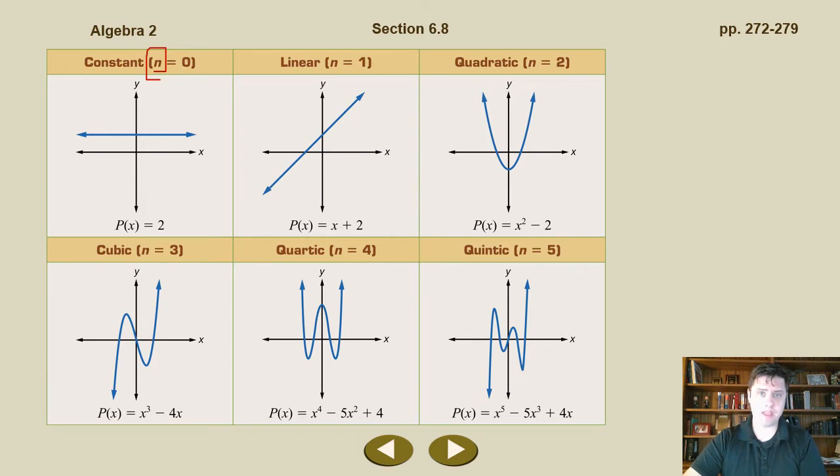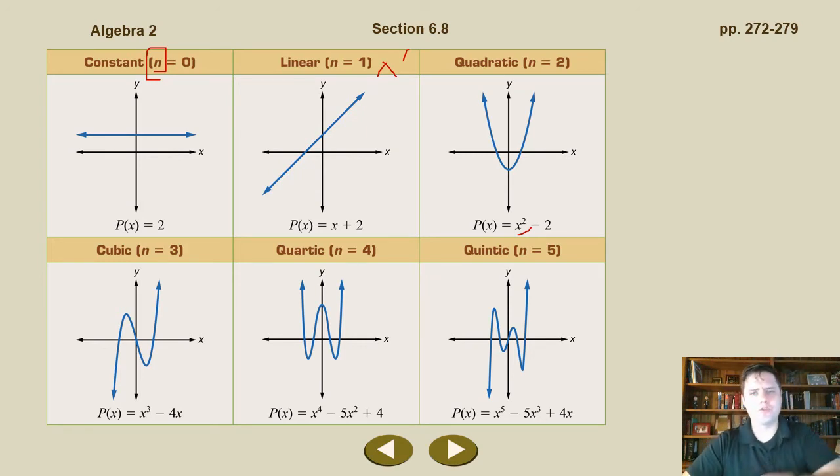But if we have n equals 1, which means x to the first power, then that means that we have a linear equation like this. If we have a quadratic, notice that it has this kind of parabola shape. Once we go to a cubic, so x cubed, it looks kind of like this. A quartic, notice what happens here. And then the quintic, look at what happens.